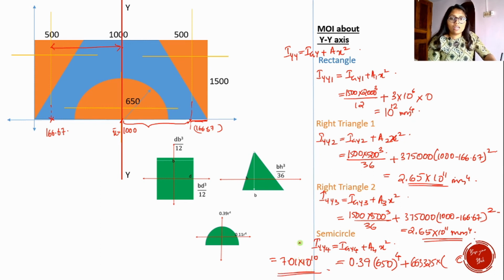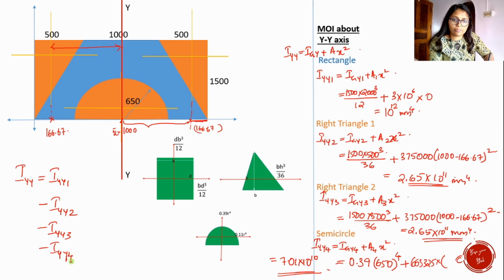Okay. Now let's put all these IYY values into the equation: IYY is equal to IYY1, that is the moment of inertia of the rectangle, minus IYY2, minus IYY3, minus IYY4.